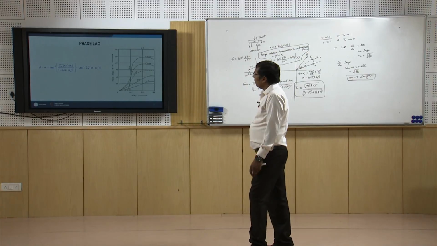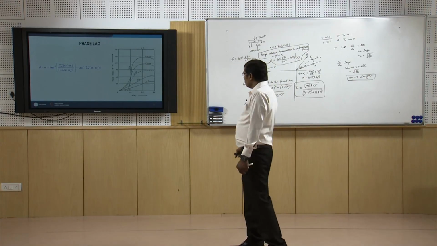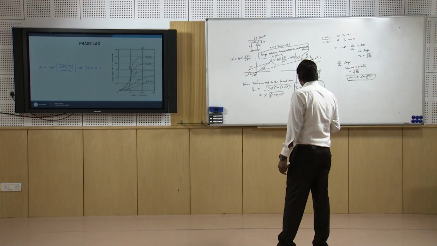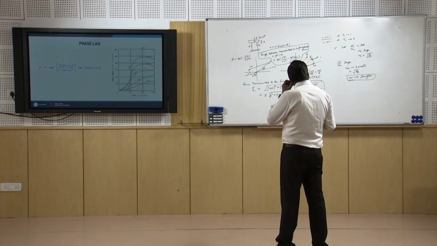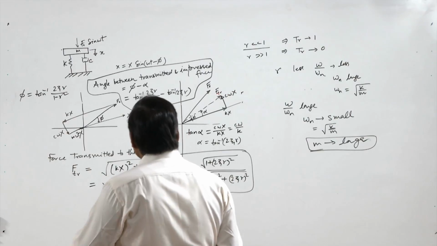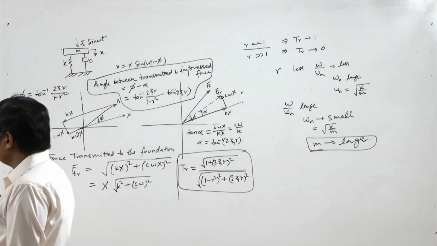Now we come to the phase lag. We have already defined the phase lag as the angle of lag between the impressed force and the transmitted force; this plot is showing it.